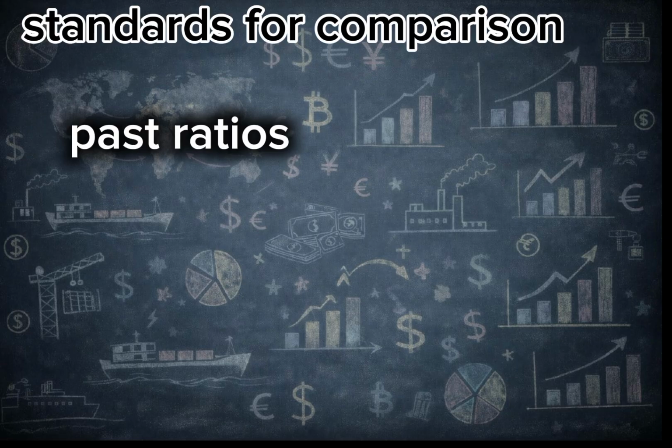That is, we can compare these financial ratios with financial ratios that we have gotten in the past. This is more like a time series analysis. Or we can even compare it with just the previous year's ratio. That is more like a horizontal analysis.